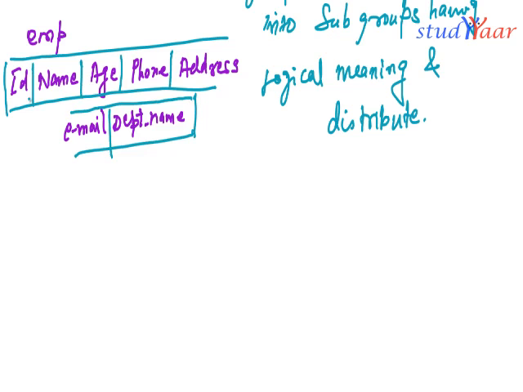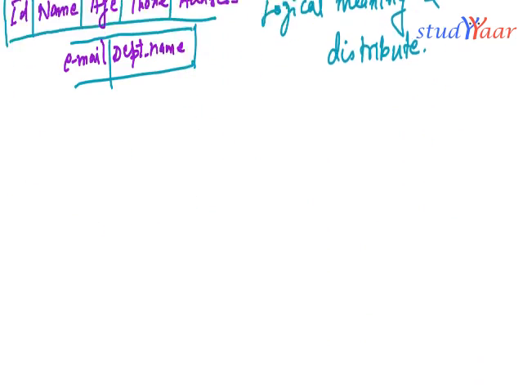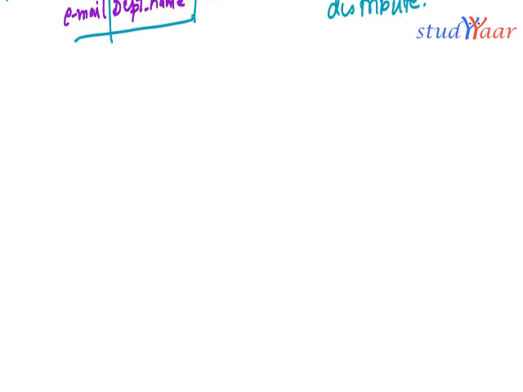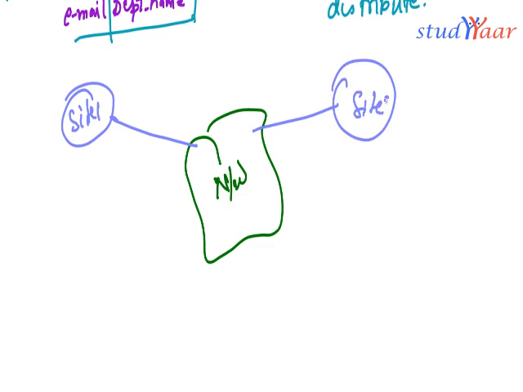So in horizontal fragmentation, what I can do is I can distribute this employee table something like this. This is my network, right? This is, let's suppose, site 1. This is my site 2. And this is my site 3.